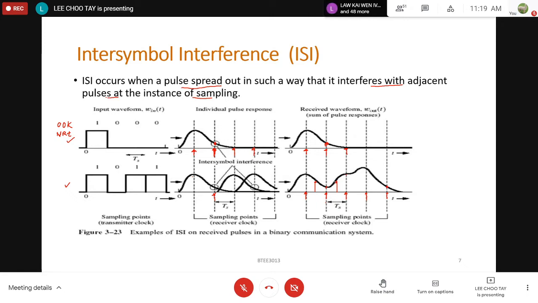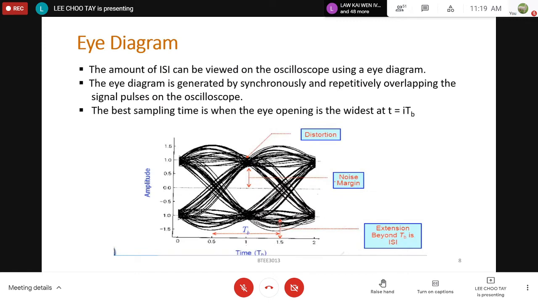Then how do we know when is the right time to perform sampling? We can make use of an eye diagram to help us decide where is the best time to do sampling. Basically, the eye diagram will show us the amount of inter-symbol interference. The eye diagram can be viewed on the oscilloscope. How do we view it?